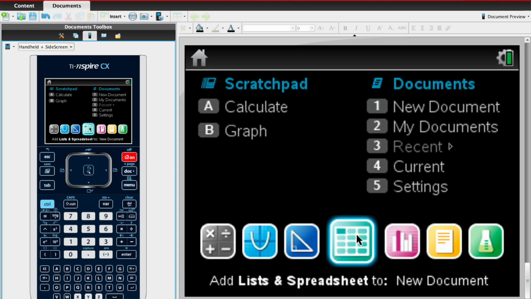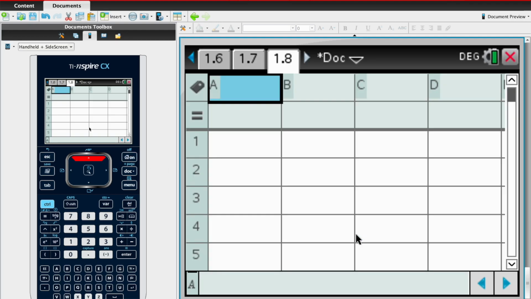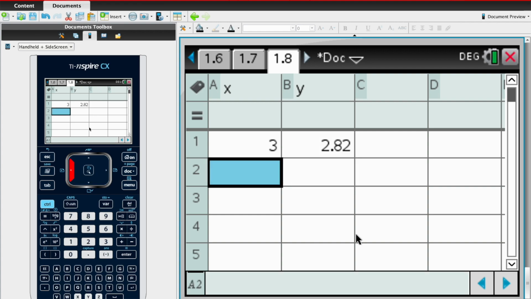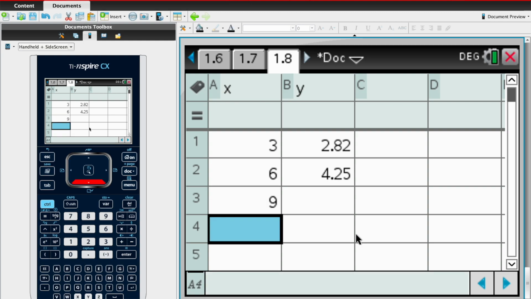If we go into spreadsheets and write our x values, our horizontal distance, and our y values, the height, let's put in the values that they give us: 3 and 2.82, 6 and 4.25, and 9 and 5.30. We have those values for horizontal distance and height.